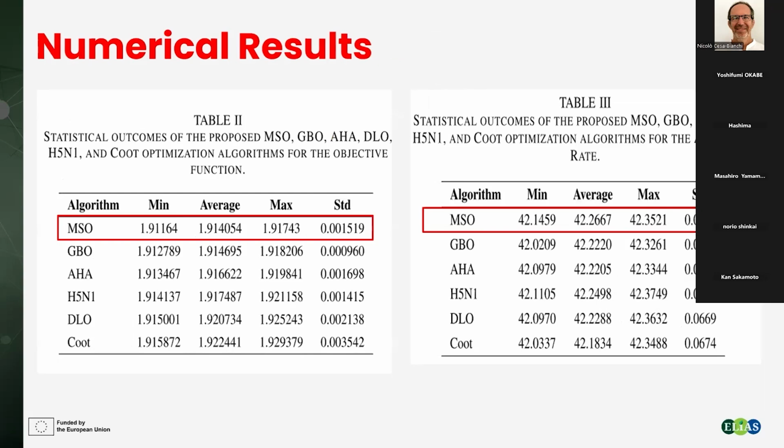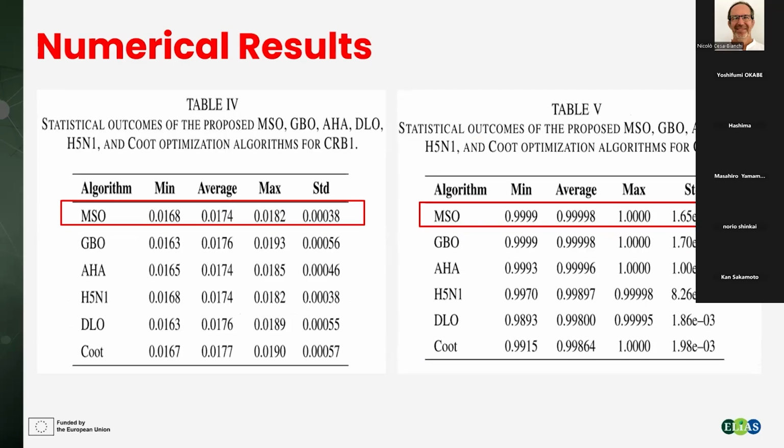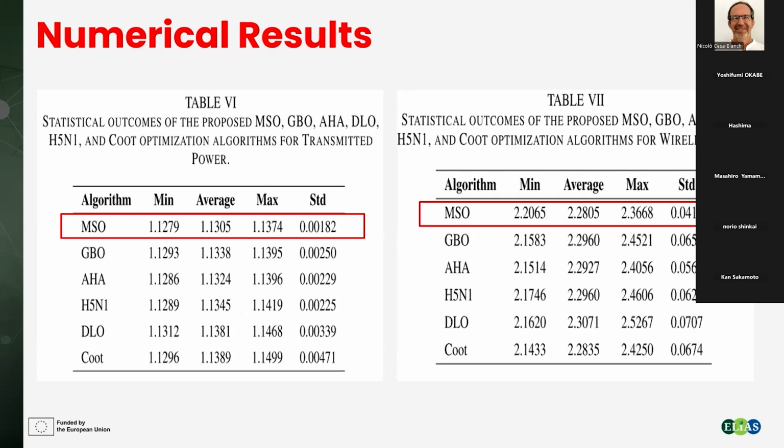For some numerical results, we compared the Mirage optimizer with the other five benchmarks using the objective function, and we found that Mirage achieves better results than the others regardless of the achievable rate or objective function, and also for Cramér-Rao bound 1 and Cramér-Rao bound 2, and for transmitted power and wireless power.